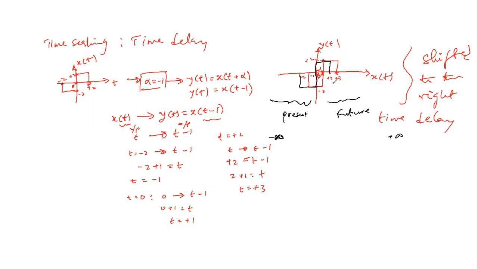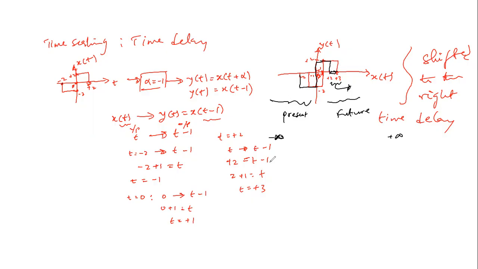You can see there is some time in the future the signal is appearing. So in other words, it took some time, which is the delay, for the signal to appear in the future.